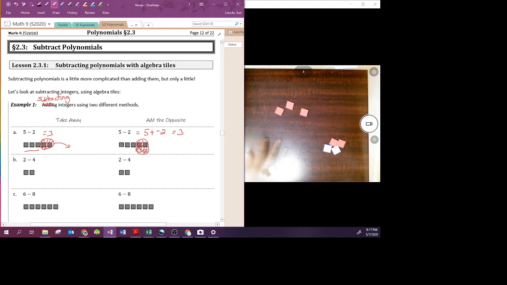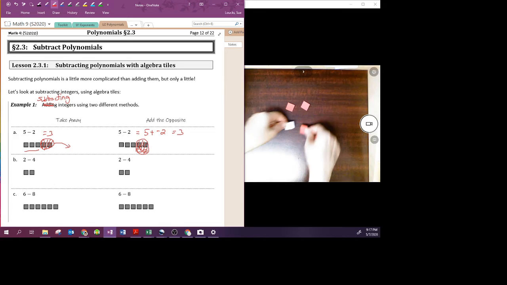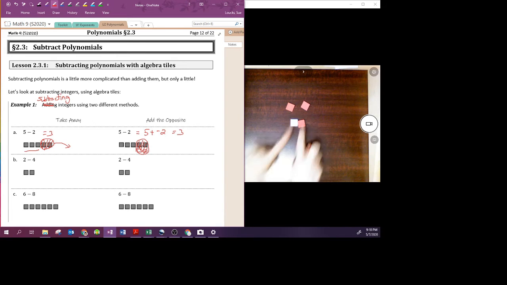So that works really well when you've got more things than you want to take away. What happens if you start off with 2 and you want to take away 4? Well, how can you take away something you don't have? What I can do is I can add some 0 pairs, right? If I add that, I haven't changed what I have there. I still just have 2 because this equals 0, but I've changed its shape.